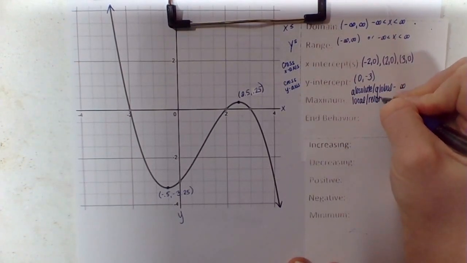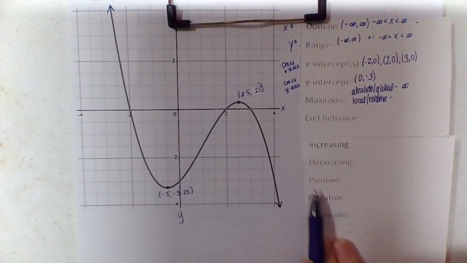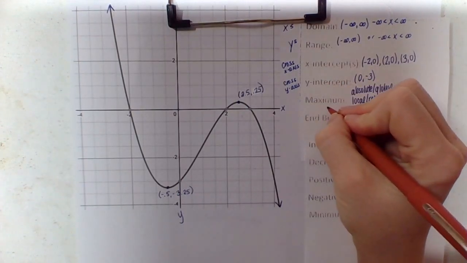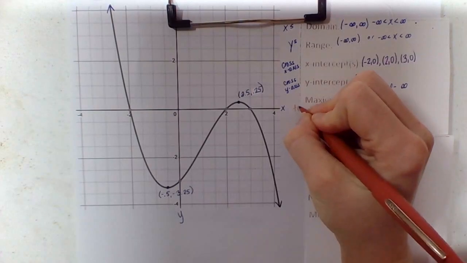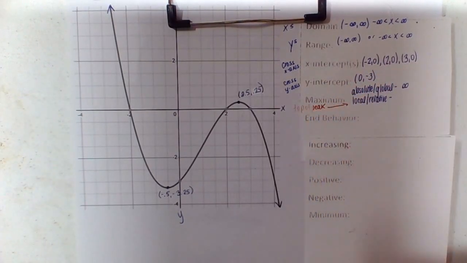Our other type is a local or a relative maximum. So this one is going to be like the top of a peak. So this is the point where you're on the top of a roller coaster and you get that weightless feeling.